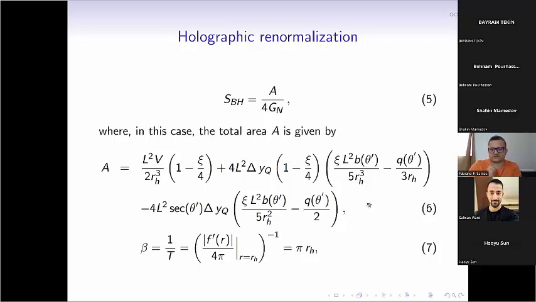When you compute the area of this figure, we find the black hole entropy, right? Of course, equation 6 is an approximate solution for our case, and this expression is very interesting because we have nontrivial terms, right? But if you see here, we have the possibility to relate these terms, the horizon, with the temperature of the black hole.